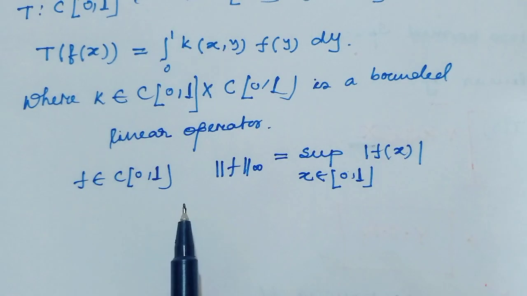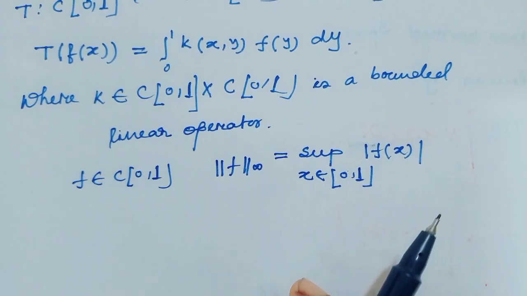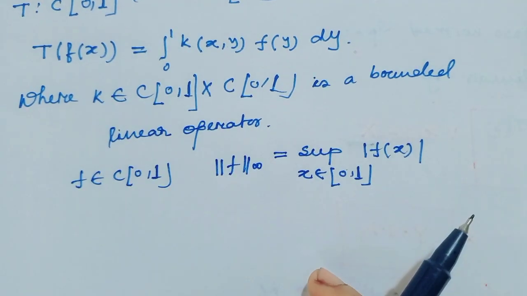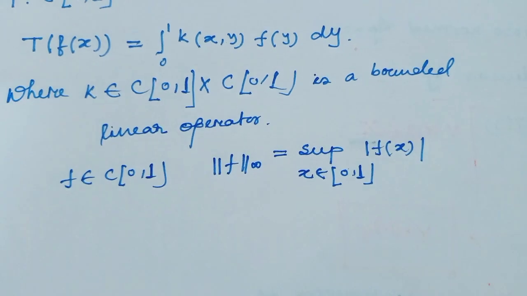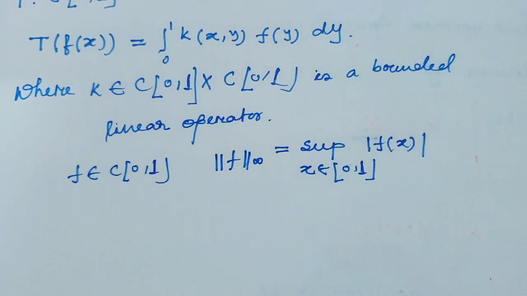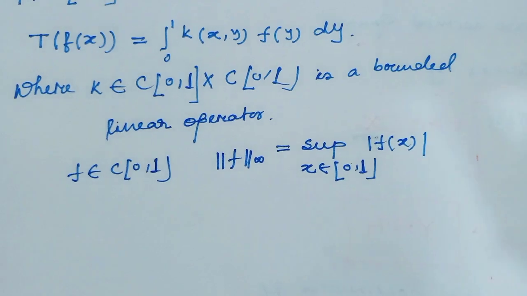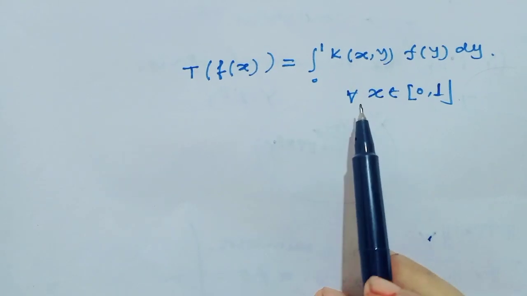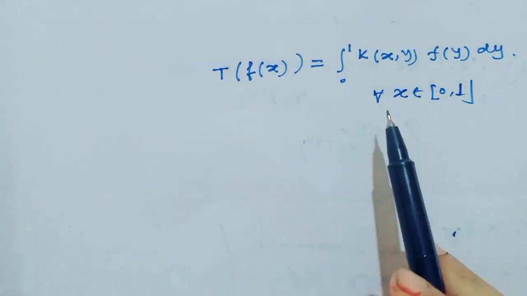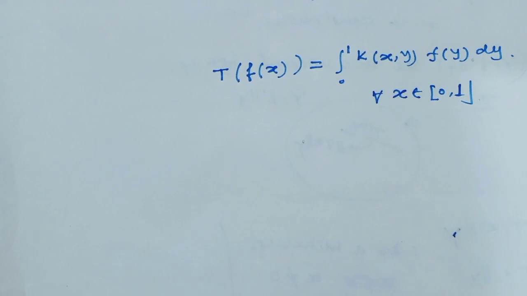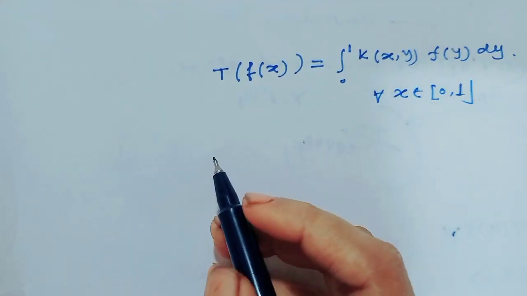Here f belongs to C[0,1] and obviously the norm is the sup norm. This is a bounded operator because T f(x) equals the integral from 0 to 1 of k(x,y) f(y) dy, for all x belonging to [0, 1].